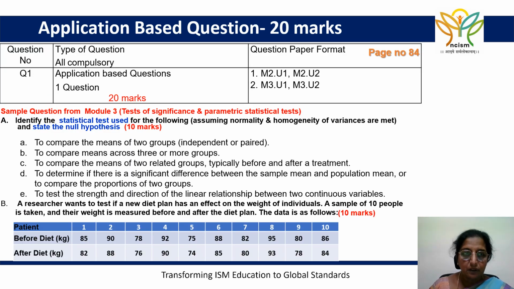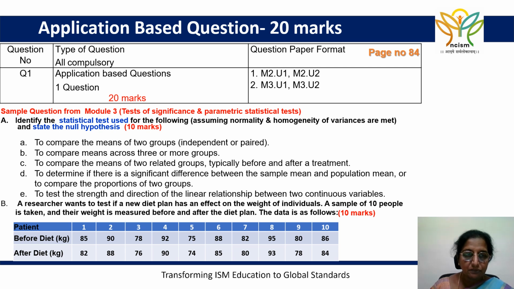Now coming to the application-based question of 20 marks, it should be asked from module 2 or module 3, and 20 marks are assigned for this question. A sample question from module 3, that is test of significance and parametric statistical test, is shown below.